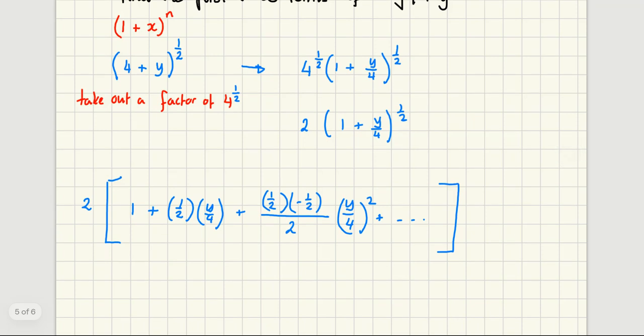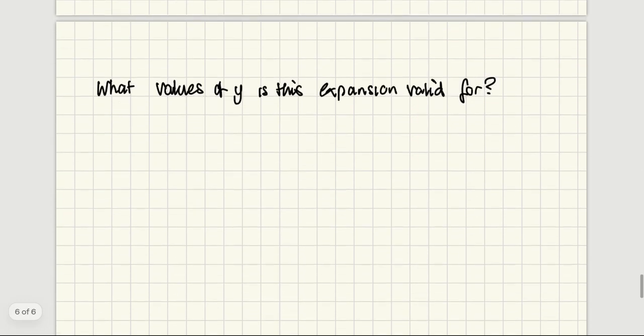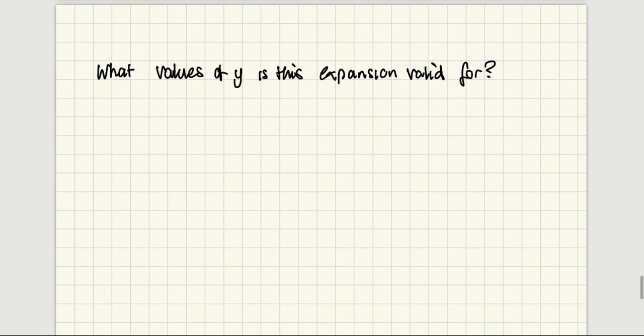Not root y. This is not what we expanded. We expanded this. Therefore, what values of y is this valid for? Well, we're going to say that y divided by 4 must be less than 1.